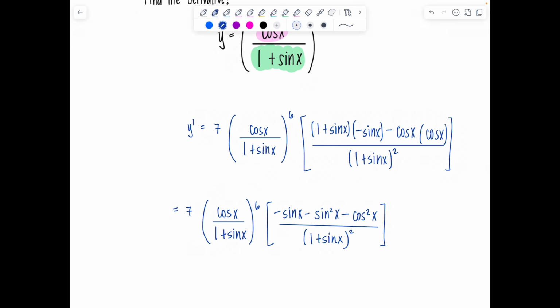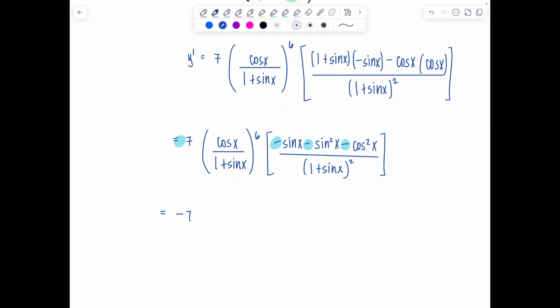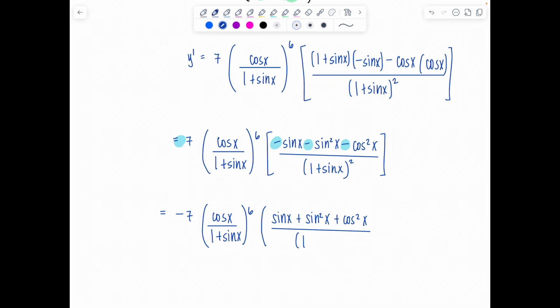And yes, we can keep simplifying further. What I want you guys to do is take that minus sign all the way out. So factor it all the way out and put it in front of the 7. So then now we have negative 7 times cosine x over 1 plus sine x, raised to the 6th. And then we have sine x plus sine squared x, right? We took that negative out, plus cosine squared x, over, in my denominator, 1 plus sine x, squared.